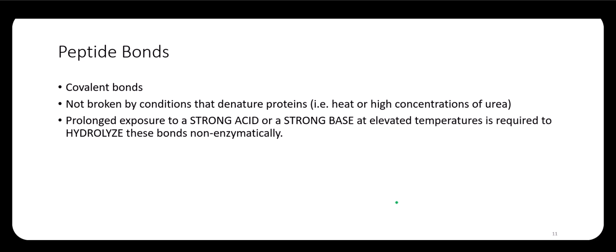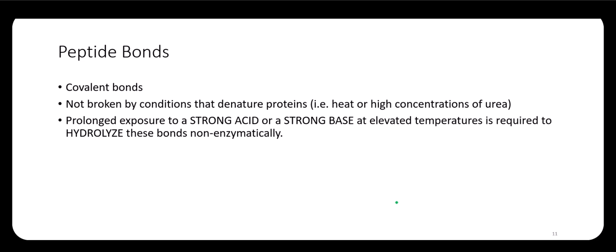One is not really an oddball thing, but it's a covalent bond. So it's a true sharing of electrons kind of bond, a covalent bond by definition. It's not broken by the conditions that denature proteins. Denaturing proteins refers to breaking some of the other structures that we're going to talk about.